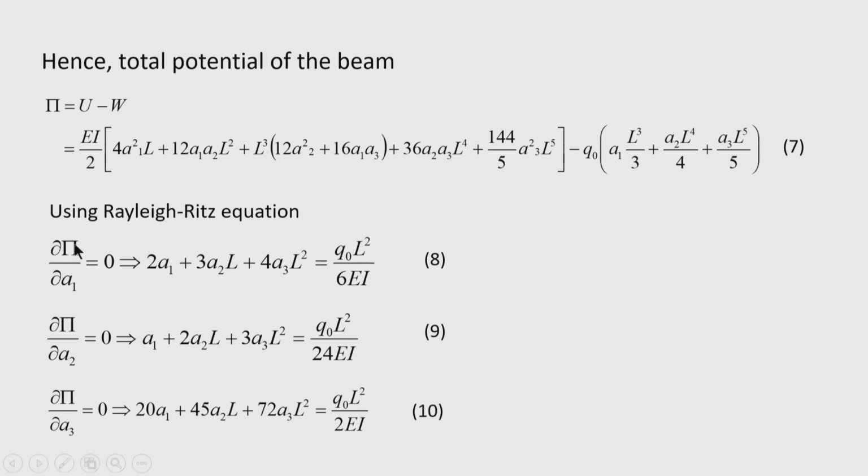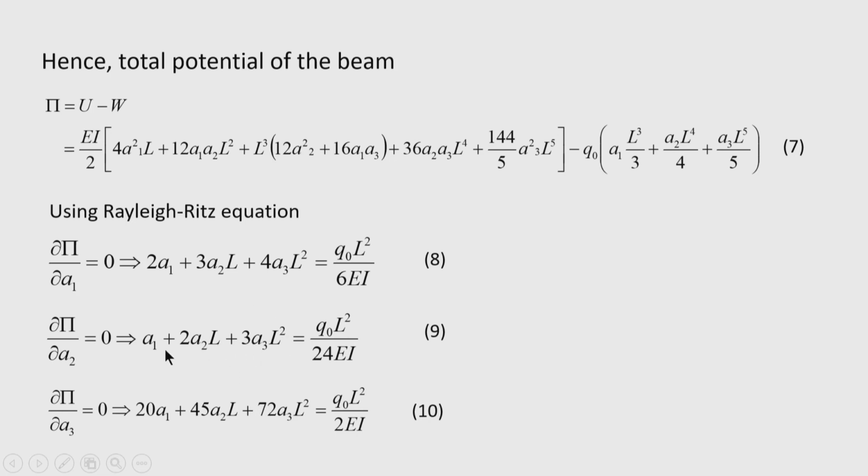So, we use the partial derivatives of pi with respect to A 1, A 2 and A 3, and these three partial derivatives are evaluated and equated to 0. So, we get three linear equations involving A 1, A 2, A 3. You can see these three linear equations are obtained.